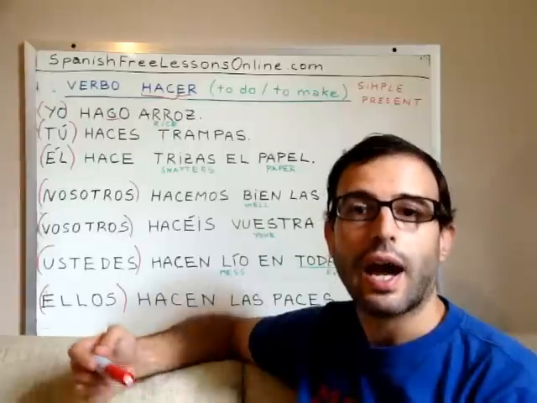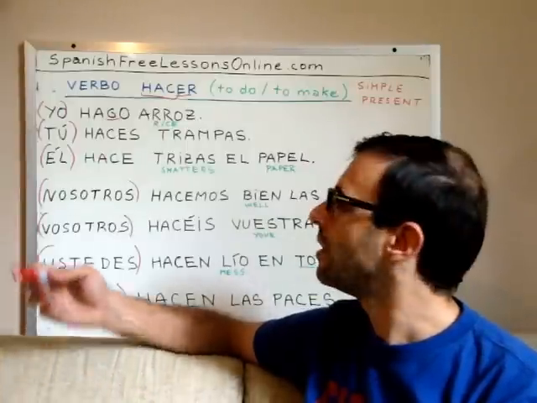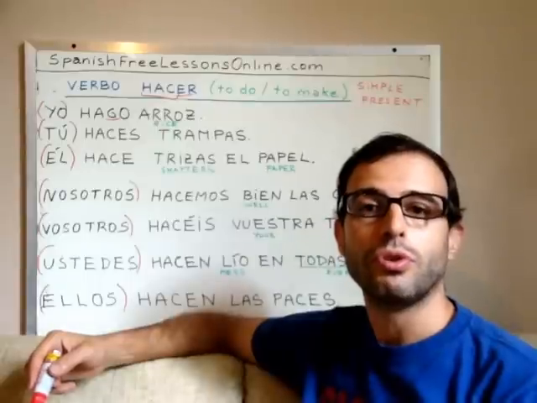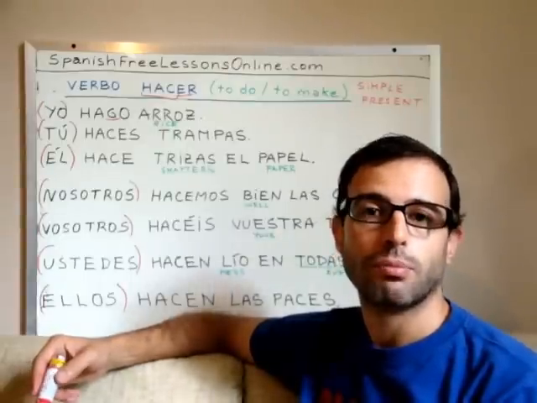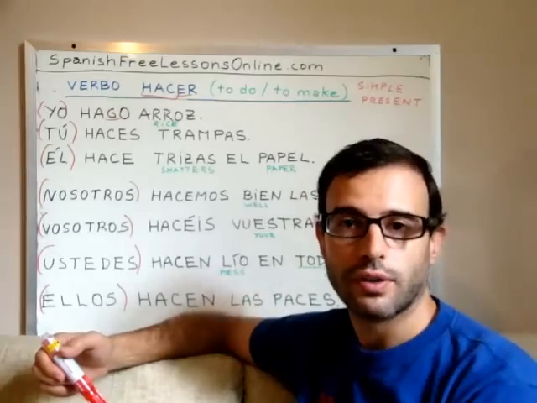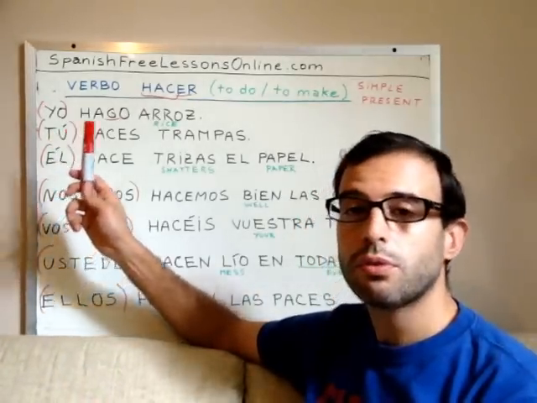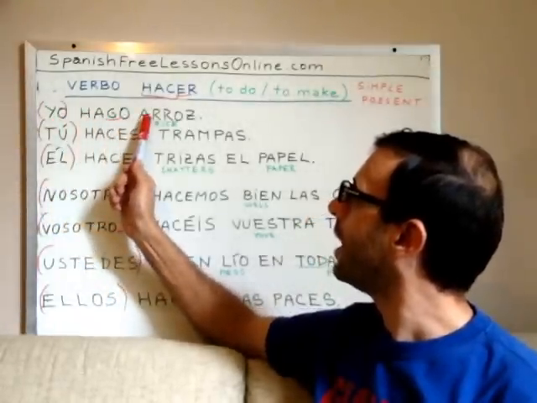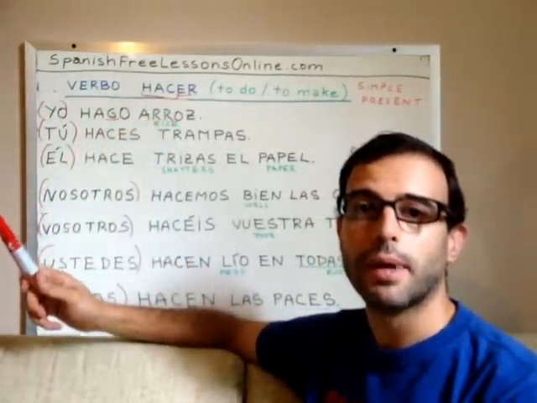We can say I cook rice. In Spanish you can say yo preparo arroz or yo cocino arroz. That would be I prepare rice or I cook rice. But it's also correct to say yo hago arroz. I make rice.